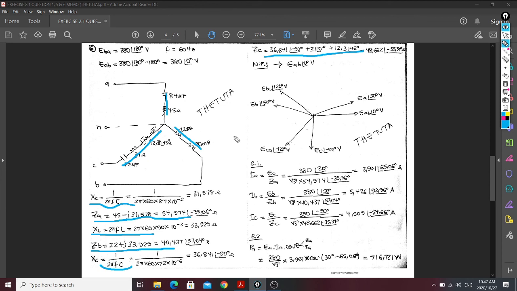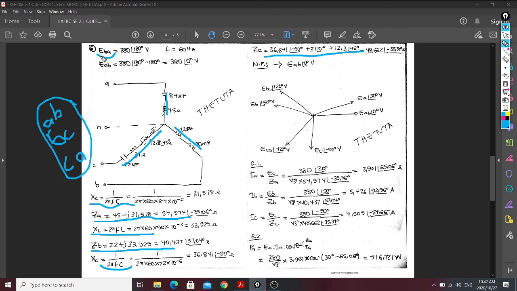Before you draw your phase sequence, you check what the reference voltage is. Here they give us the voltage BA, but we always have three line voltages. What are they? AB, BC and CA. This will always be our three line voltages. So if they give us something that doesn't appear in these three, we need to change it to this form.